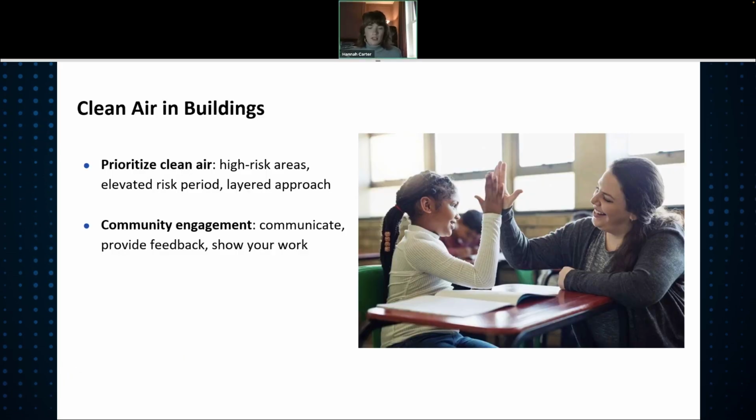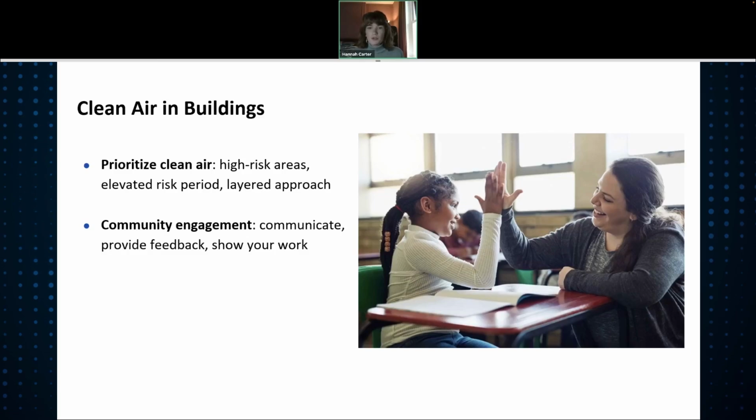And then in closing, the course does point out ways to prioritize action given limited resources that schools are faced with and how to bring the most benefits. EPA's framework suggests paying attention to high-risk areas such as nurses' offices and densely occupied spaces, and during elevated risk periods, such as currently.